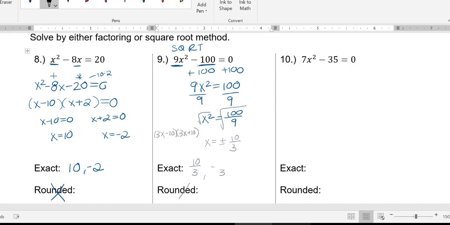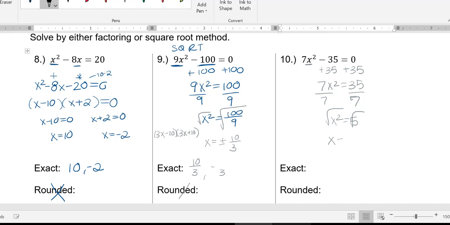All right, let's go through our last example. Again, this is just like our last one. We can do a couple different things, but I'm seeing that I have that x squared value and then no x value. So let's add that 35 and use our square root method. Get that x squared by itself. x squared is equal to 5, and then take the square root.